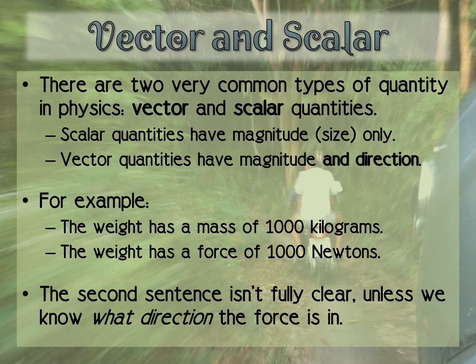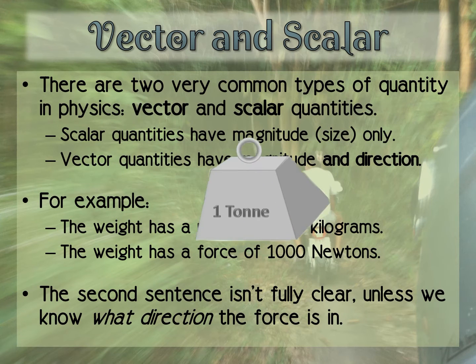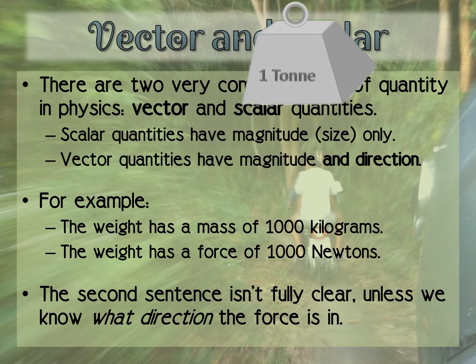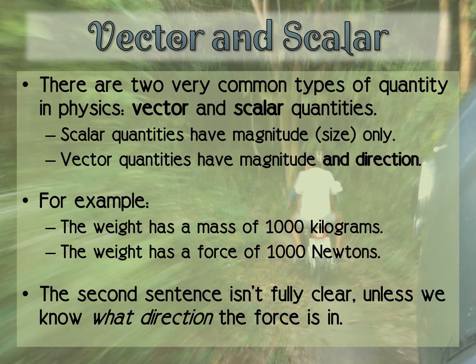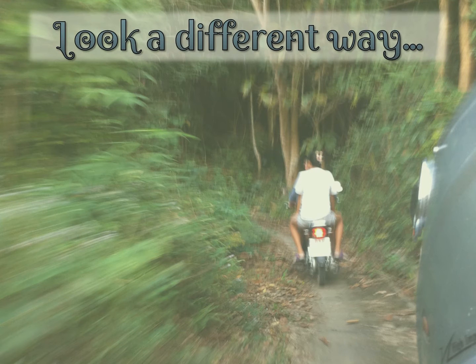That is a complete statement. However, the weight has a force of 1,000 newtons. We have no idea what that force is going to do if we don't know what direction the weight is actually going.